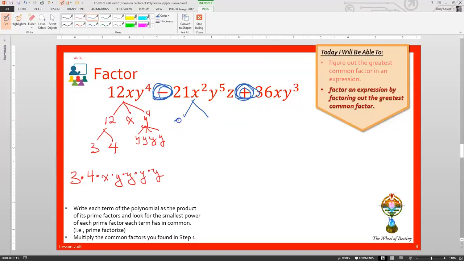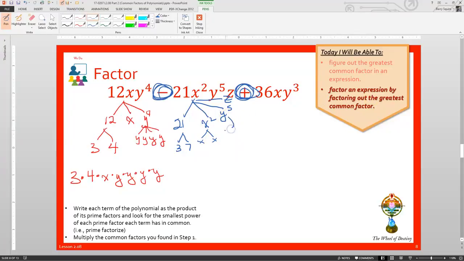Factor this into 21 times x squared times y to the 5th. Oh yeah, and then we've got that z thing in there too. 21, that can be factored into 3 and 7, both of which are prime numbers, so we don't have to worry about that. X squared is the same thing as x times x.